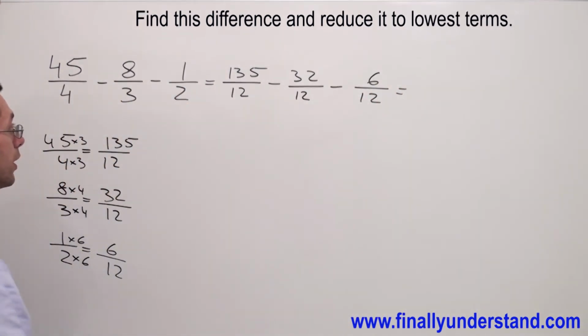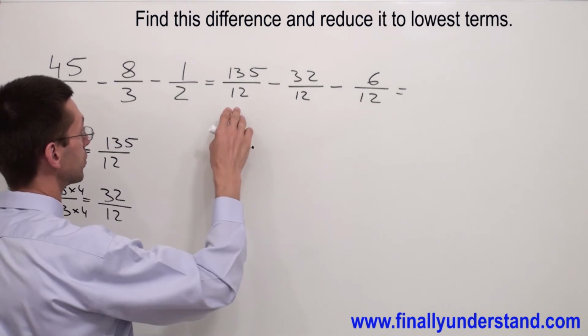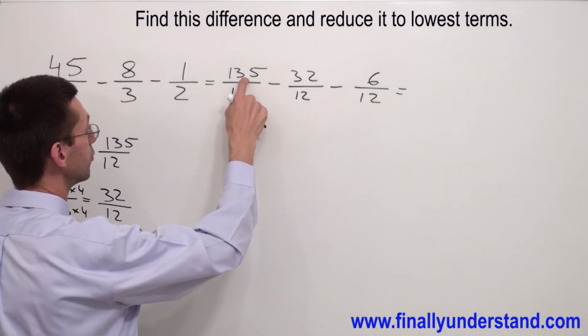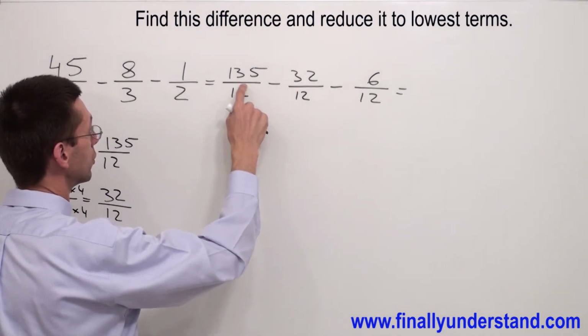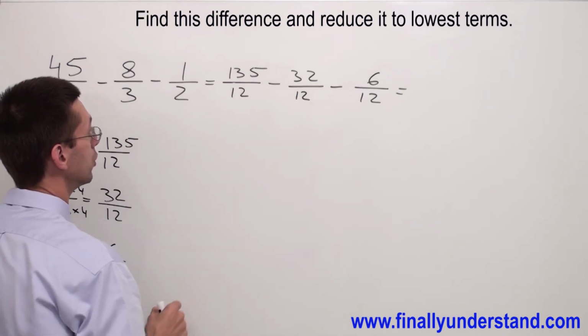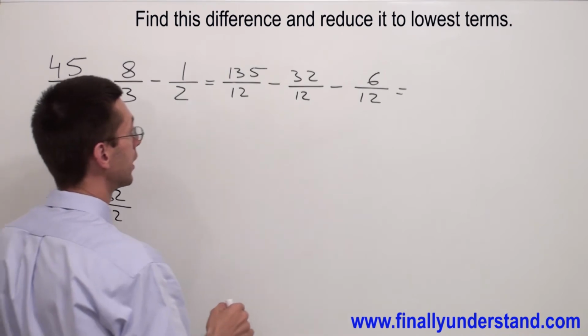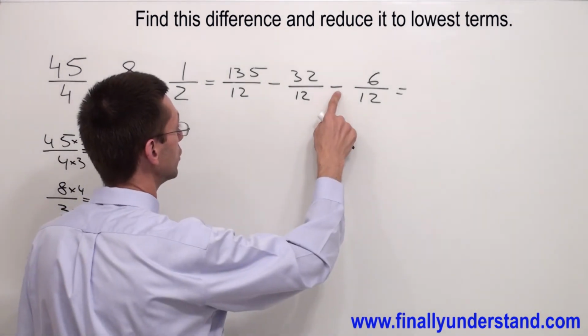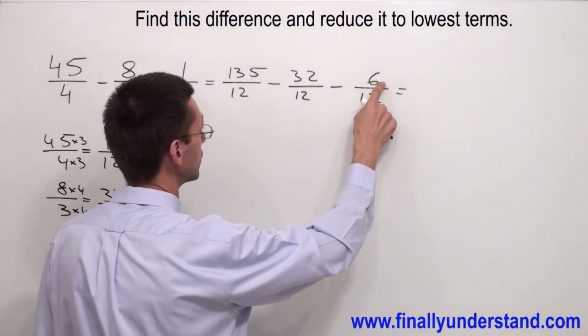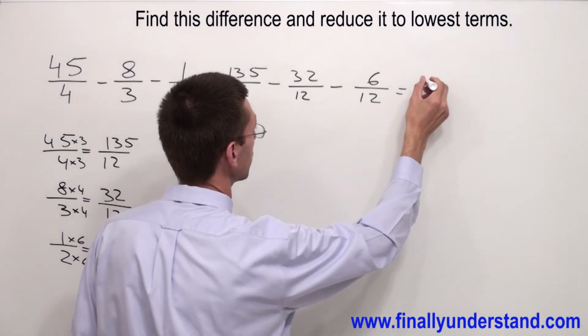As I said, we have to first subtract 32 from 135. 135 minus 32 is 103. 103 minus 6 is 97.